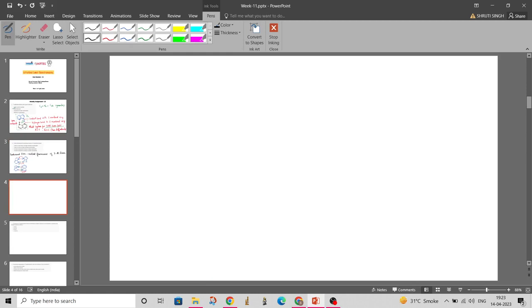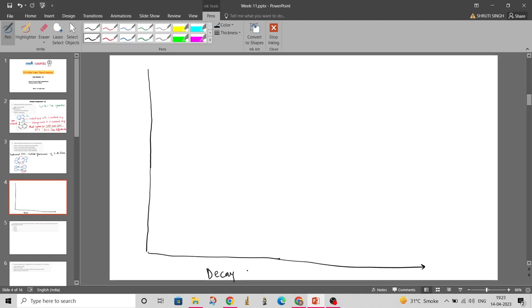When the time resolved fluorescence decay was taken for this molecule at the blue wavelength and the red side of the wavelength, we got plots like this. So here is the decay, and here is the counts or fluorescence intensity.